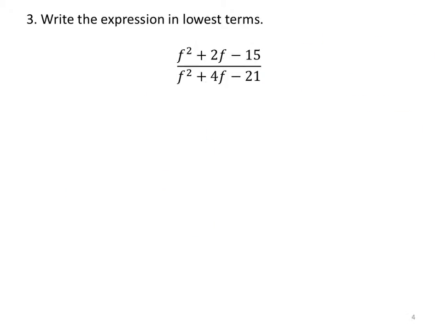Okay, in this problem we are to factor also. So when we factor, we go through the steps. First we say, is there a greatest common factor in the trinomial? So let's look at the numerator. There is no greatest common factor. The next question we're going to ask, is it a special case?